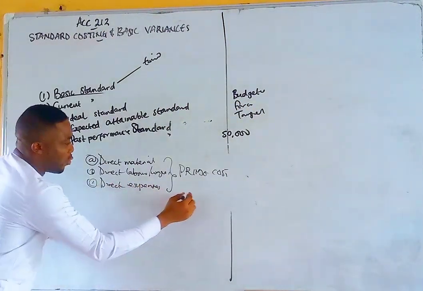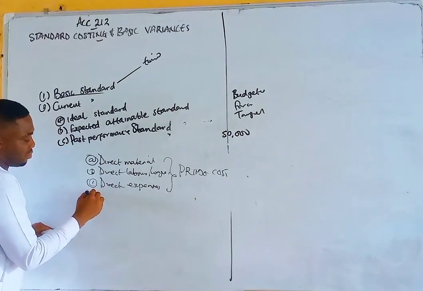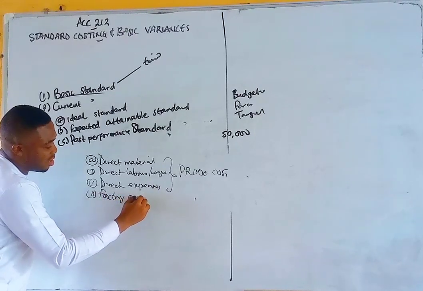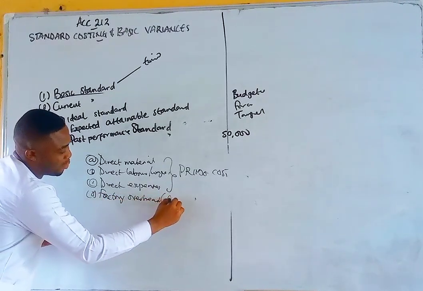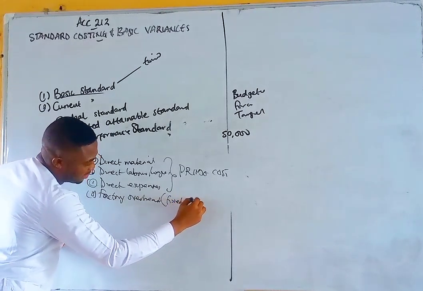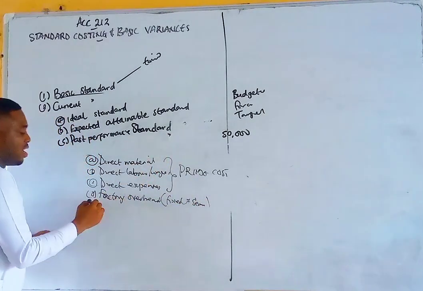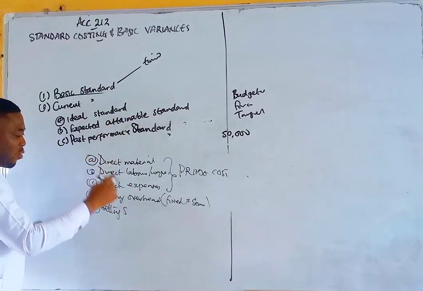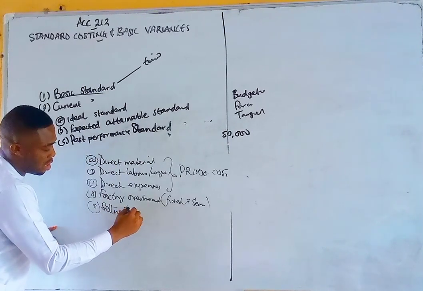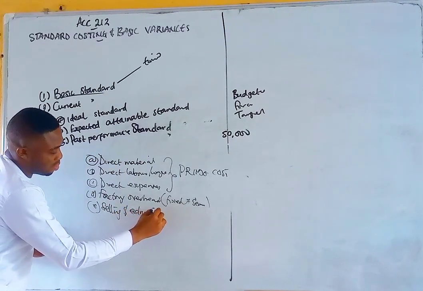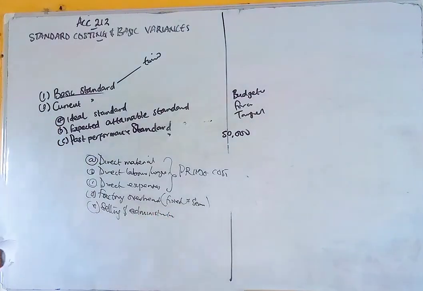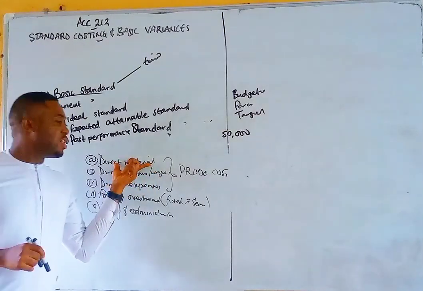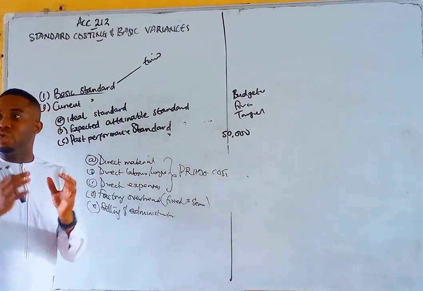While we also have the factory overhead, which can be both fixed and semi-fixed. And we also have the selling. I drew a diagram; if you go and look, you will see administration.